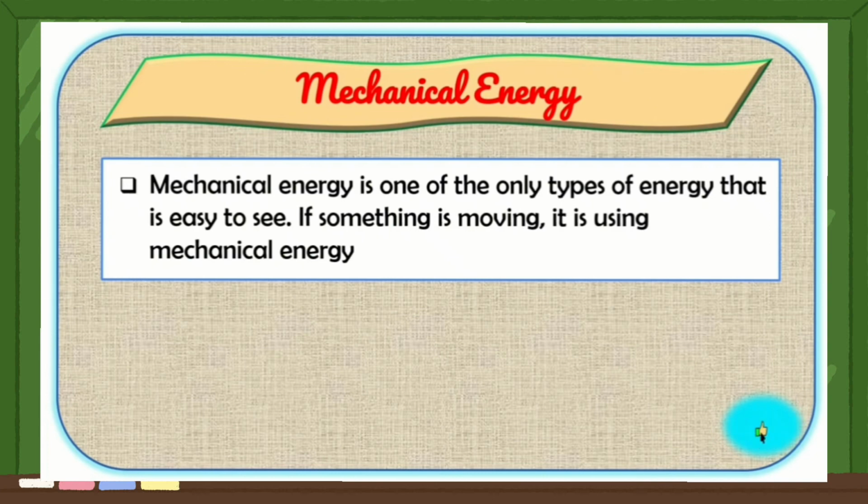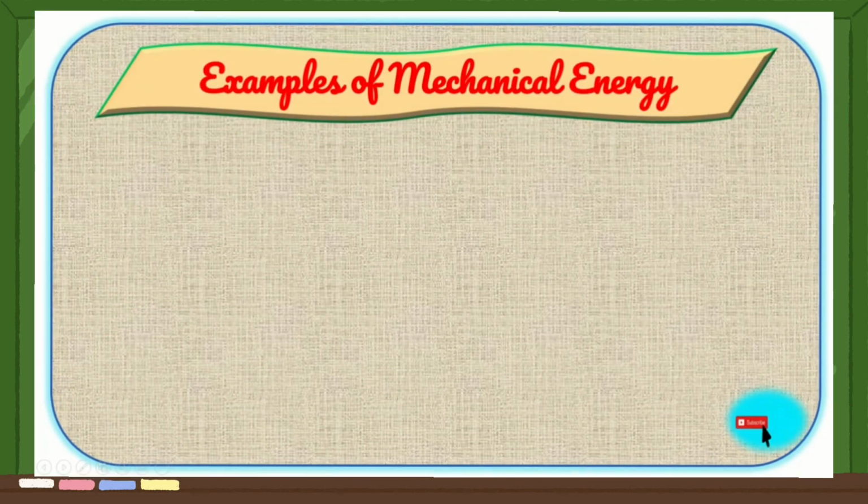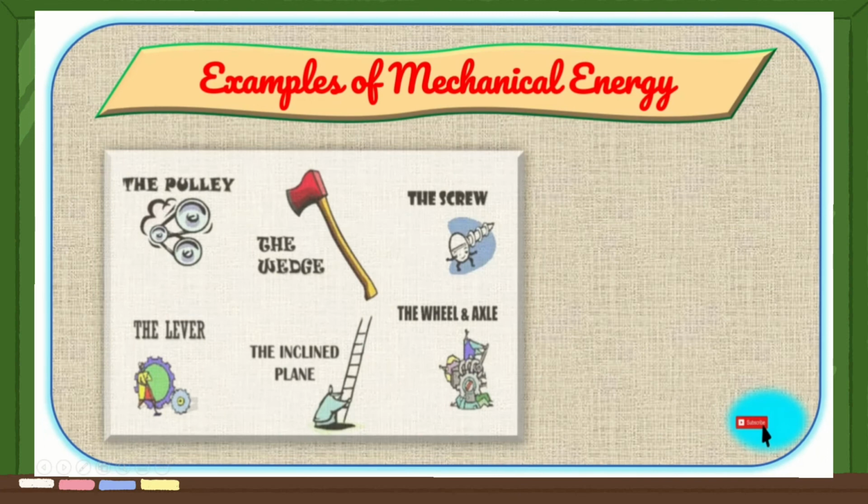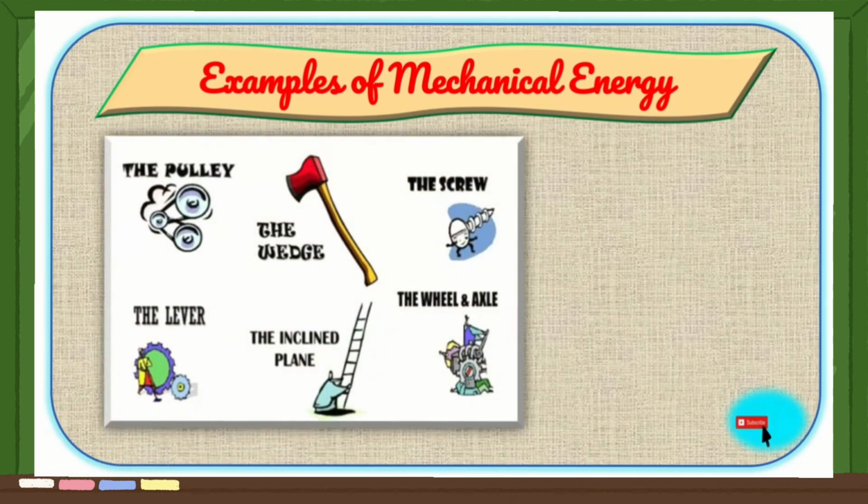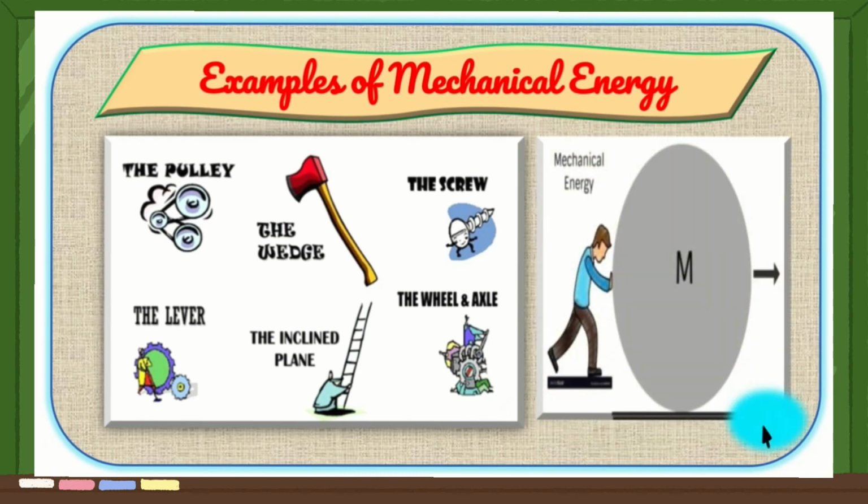So, kapag may nakita kayong gumagalaw, yun po ay isang halimbawa na ng mechanical energy. We have pulley, wedge, screw, wheel and axle, inclined plane, and lever. And this one.